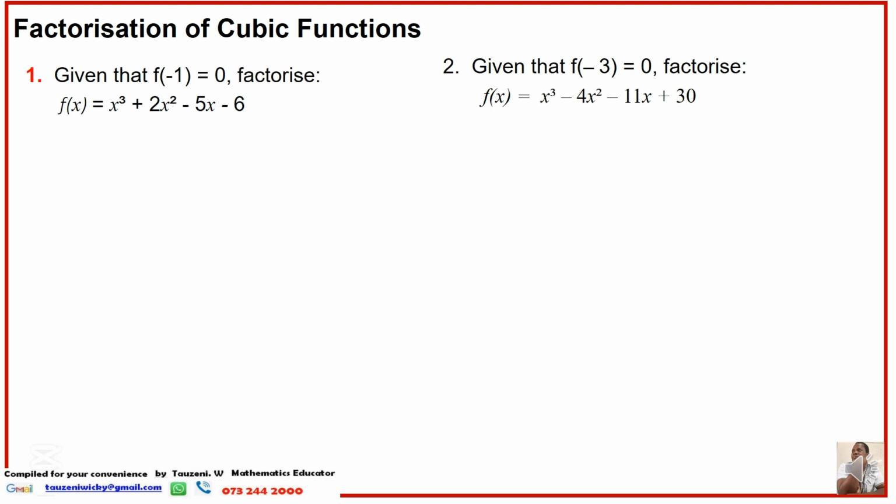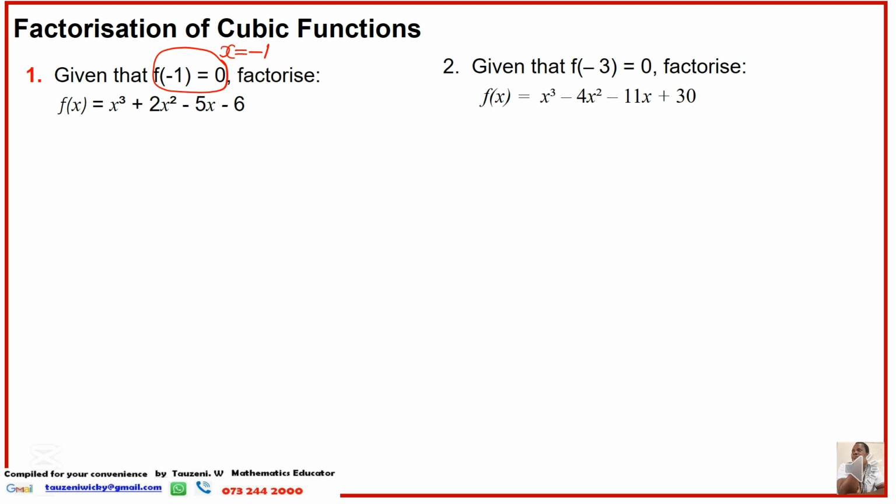Now, to start with, if you are told that f of negative 1 is equal to 0, it means the value of x is equal to negative 1.